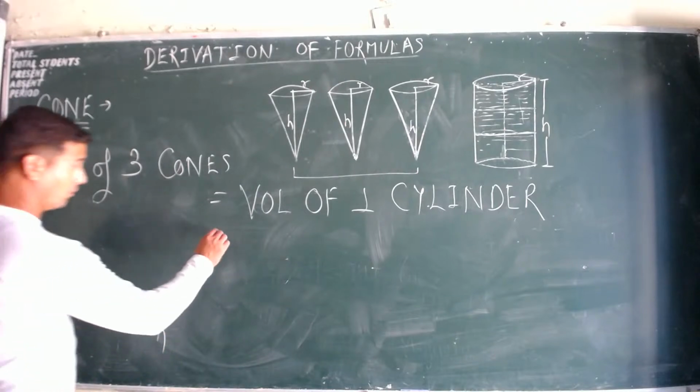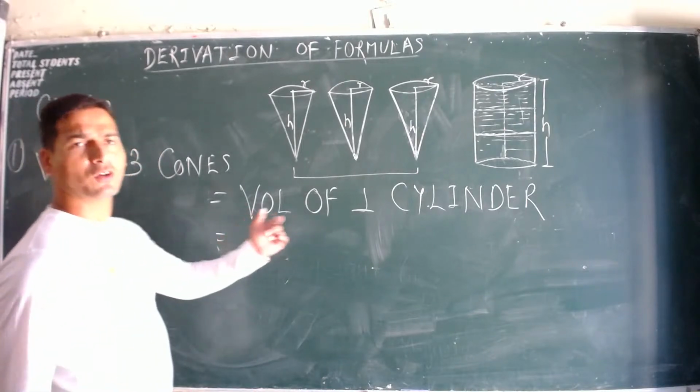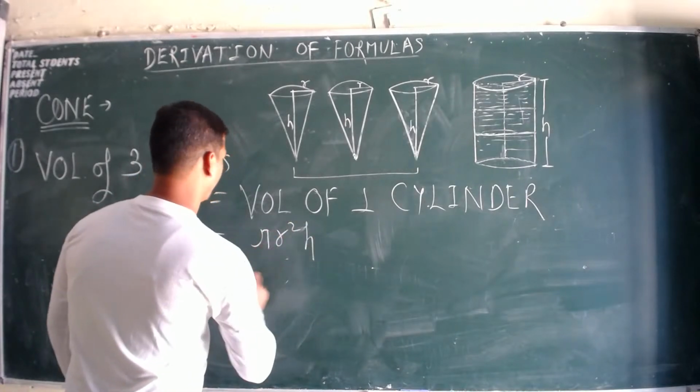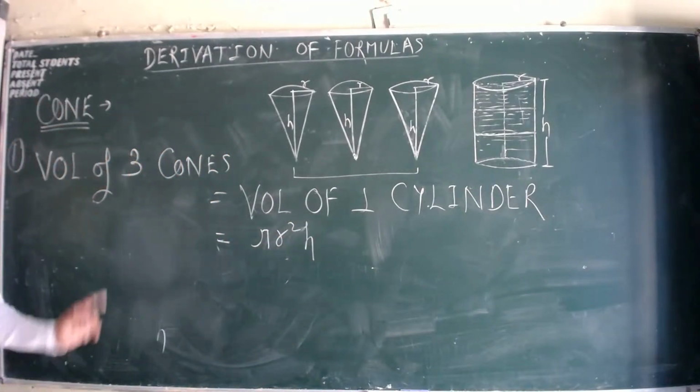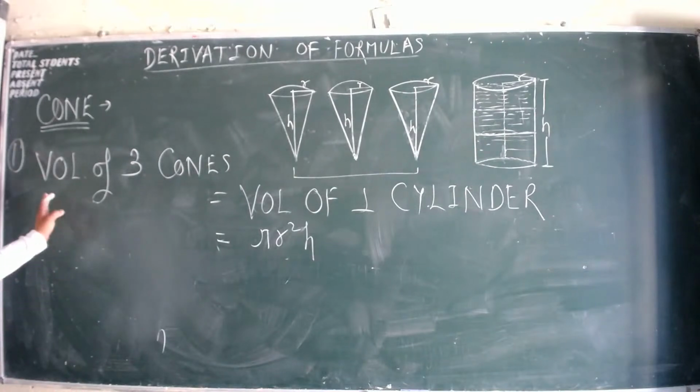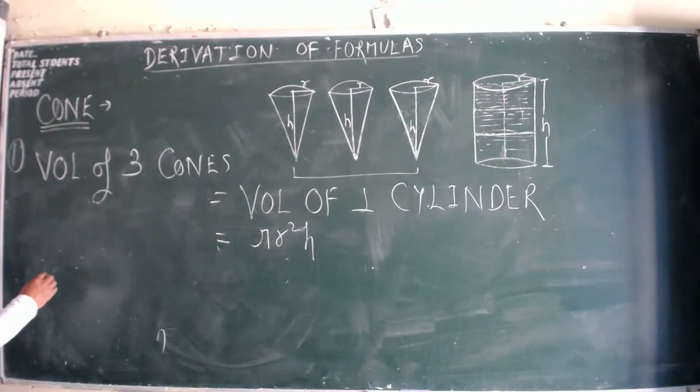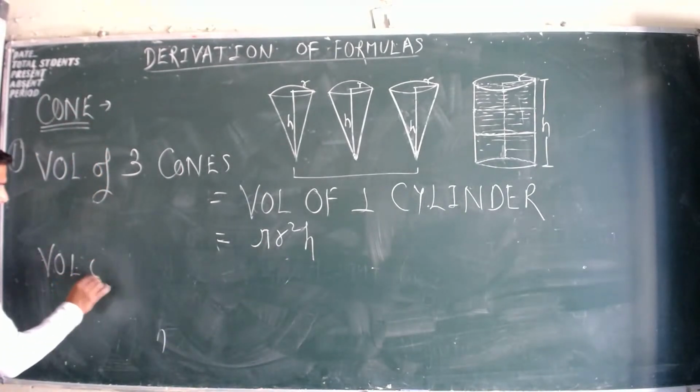So volume of cylinder is pi r square h. Recently we learned this, volume of cylinder pi r square h. Now volume of 3 cones will be pi r square h, but we have to find the volume of 1 cone.